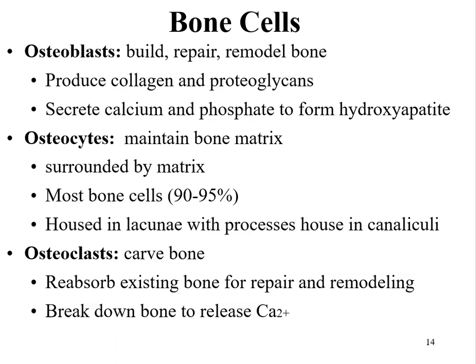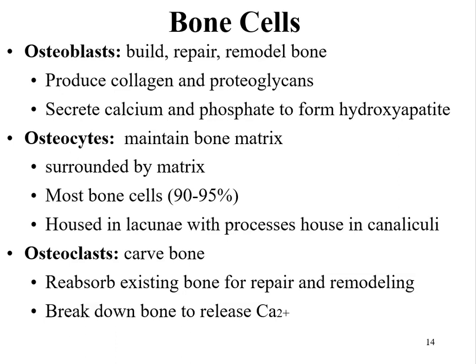When osteoblasts secrete as much matrix as they can, they turn into mature osteocytes. These cells work to maintain the bone matrix and keep the tissue healthy on a day-to-day basis.